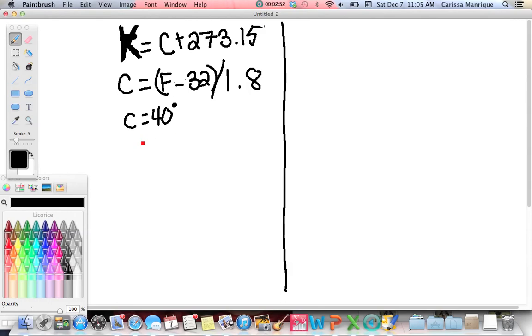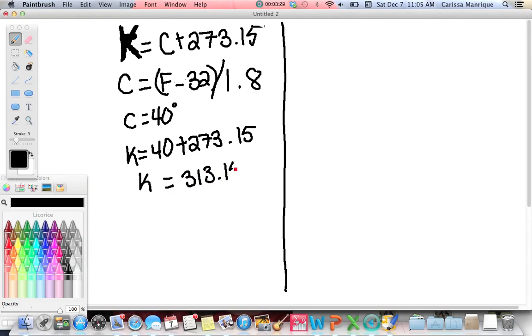Kelvin, what I'm solving for, equals 40, because that's the number given here, plus 273.15. If we plug that into our calculator, you should get 313.15. Okay, that is our Kelvin number.